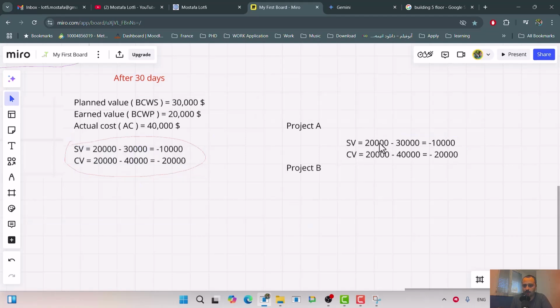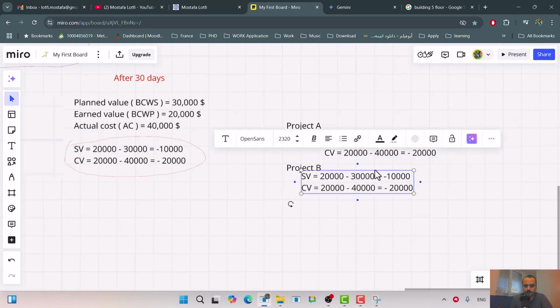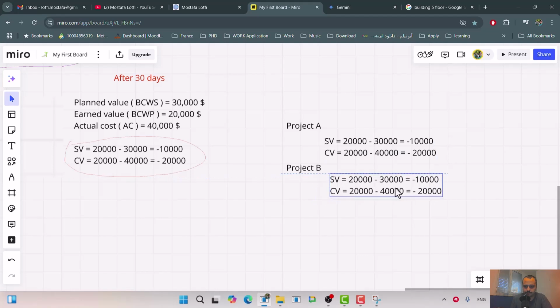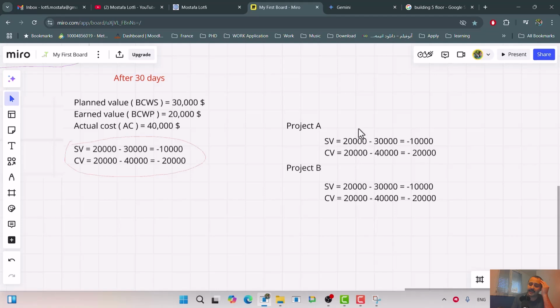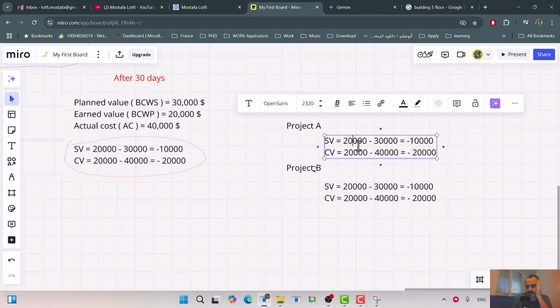In case 1, and this is case 2. Case 1 is saying, let's say, earned value in case 1 is 10. Okay.